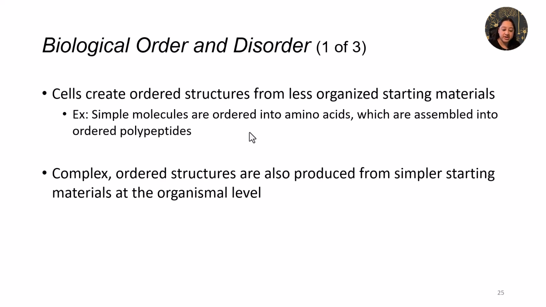So we're very complex ordered structures that are non-spontaneous. It does require input of energy. So complex ordered structures are also produced from simpler starting materials at the organism level.